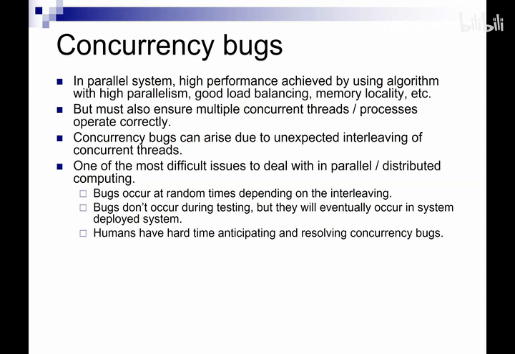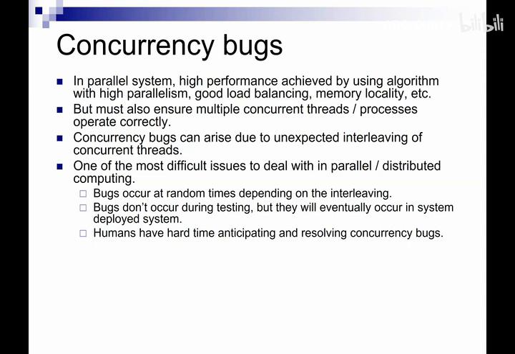In fact, during the testing stage, you might never see the bug, because it can be quite rare. But once you deploy this to users, they're going to keep using your program, and eventually one day they're going to hit the bug, and the program will crash, or even do something worse.